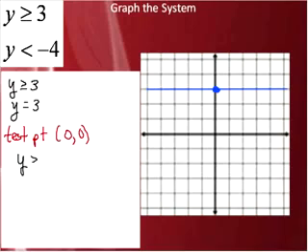So I will have 0 greater than or equal to 3. 0 is not greater than or equal to 3, so I would be shading this side of the line, above the line. Then I'm going to erase this, so you'll need to pause if you need to copy any of this down.